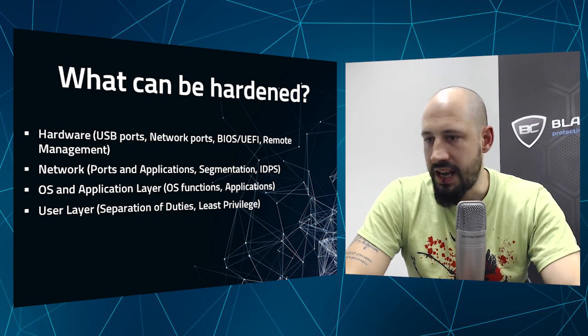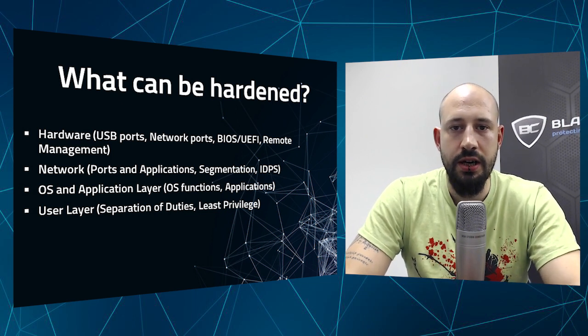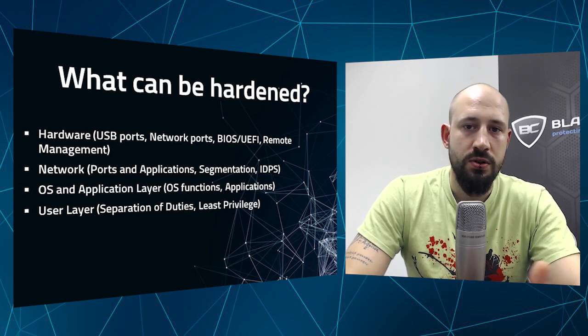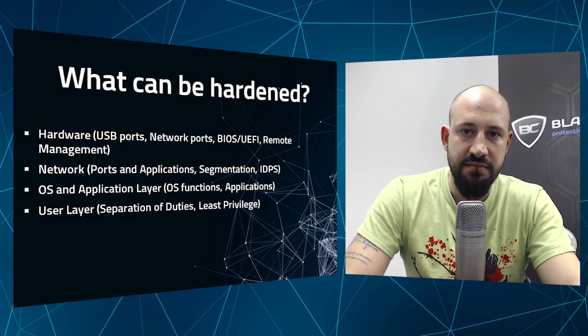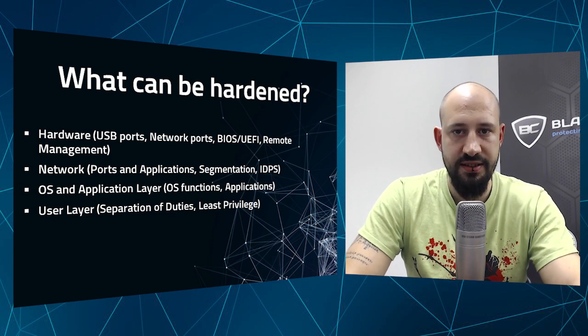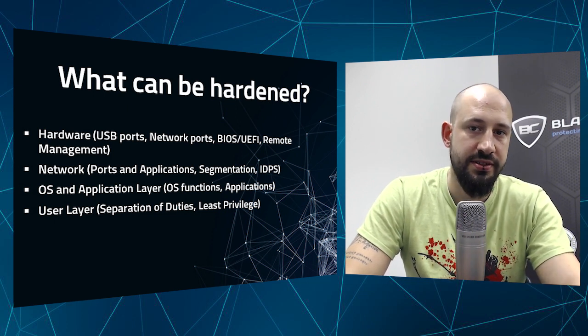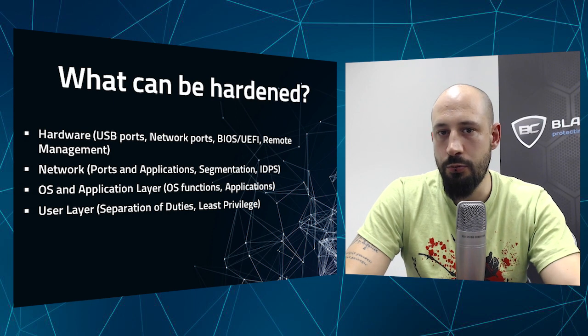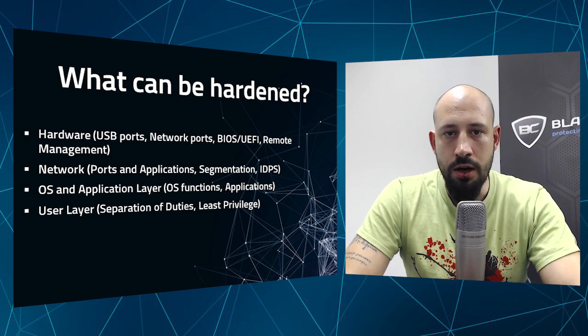Regarding hardening, endpoint protection systems are also tools to harden an operating system, also file integrity monitoring systems and EDRs, like endpoint detection and response systems, are also part of operating systems hardening.